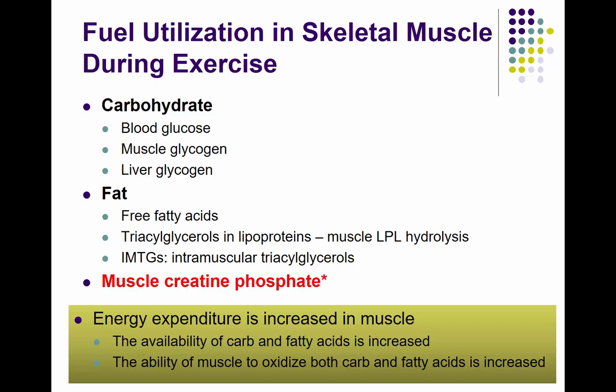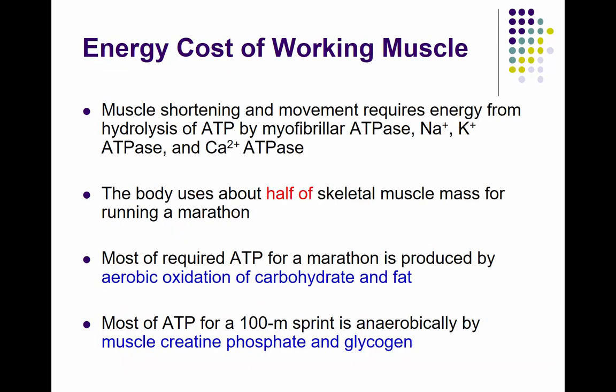And fat can be free fatty acids in the circulation or triglyceride in the circulation, and intramuscular triglyceride. So sources are different if we compare resting muscle to exercising muscle. And muscle creatine phosphate is also an energy source for exercising muscle.